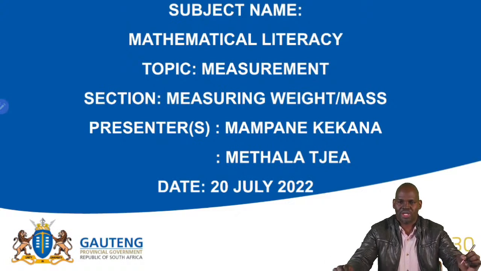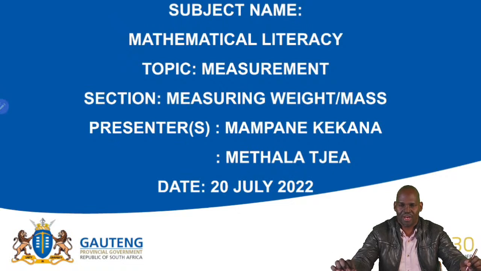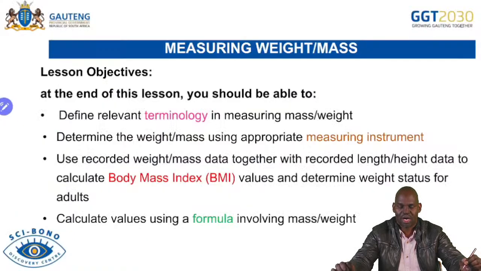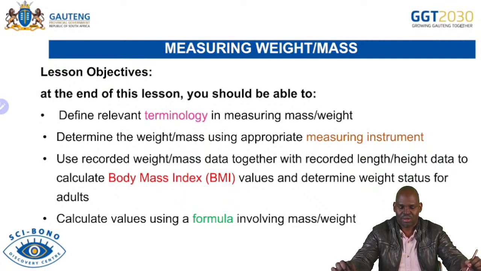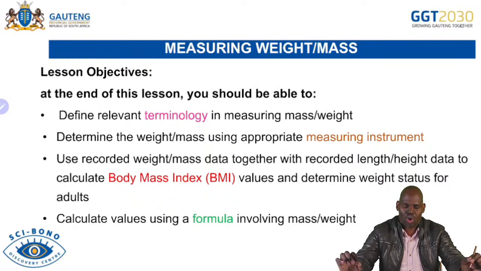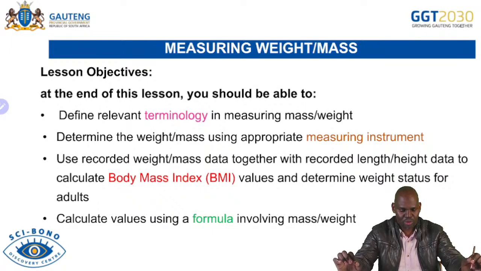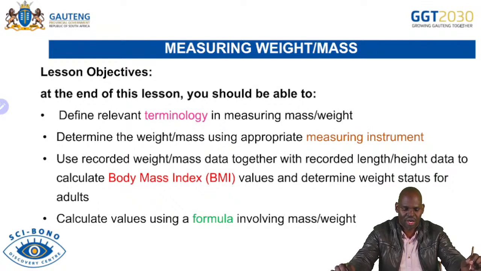So, boys and girls, it's very important that in each and every subtopic or section, we need to know the expectations. We need to know what is expected of us. So in this lesson, you should be able to define relevant terminologies in measuring mass and weight.